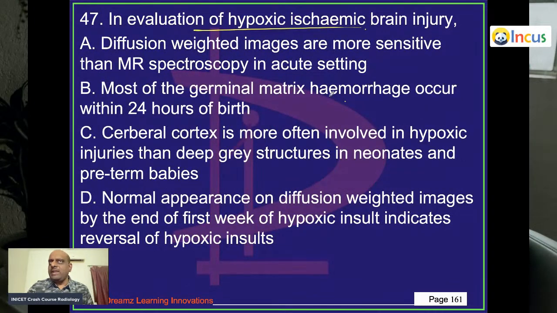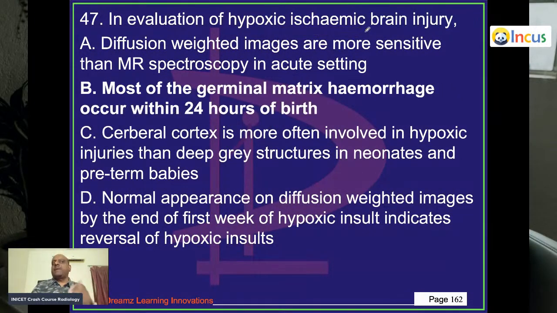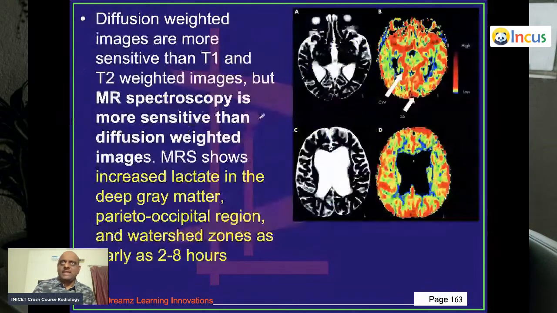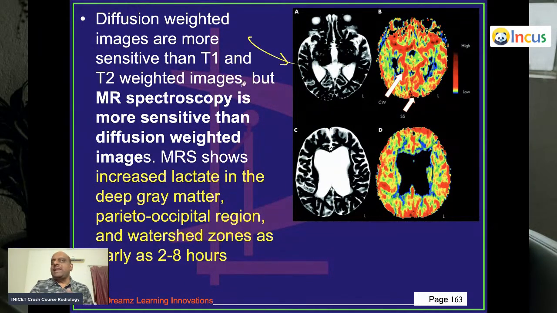So whenever you are evaluating hypoxic ischemic brain injury, most of the germinal matrix hemorrhage occur within 24 hours of birth. HIE, hypoxic ischemic encephalopathy. How do you identify that? You do MR spectroscopy, which is more sensitive than diffusion weighted images.